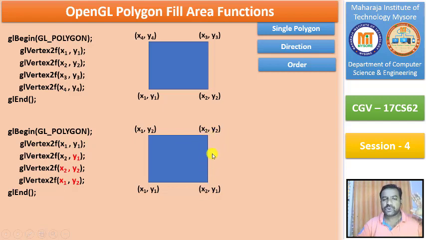Hence, if this is x2, this can also be called x2 rather than x3. And now this should be y2, because if this is y1, I am moving above, hence it should be y2 now. It cannot be y1. And with the same, I am going to have y2 here. And if this is x1, this is also going to be x1.